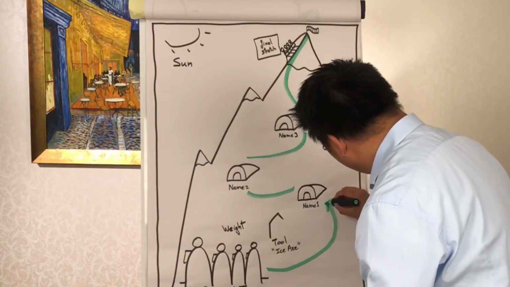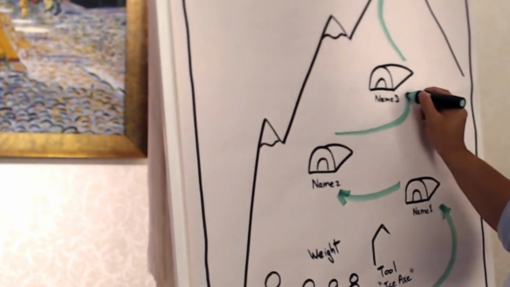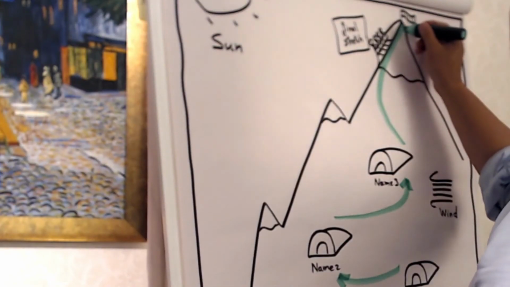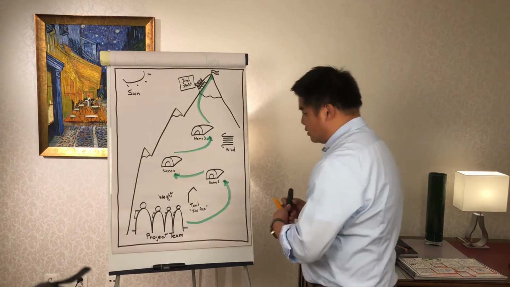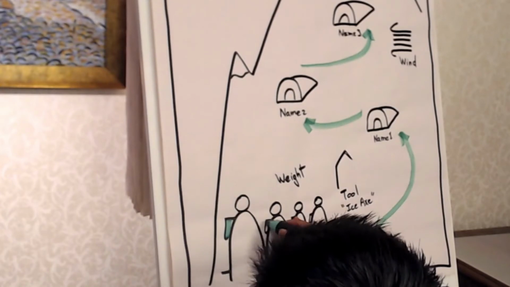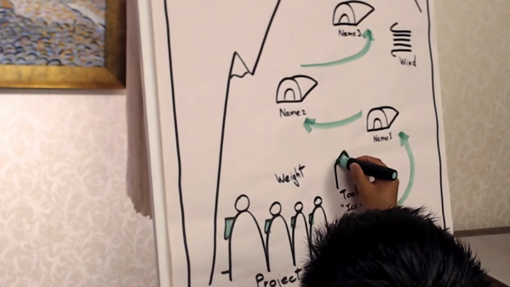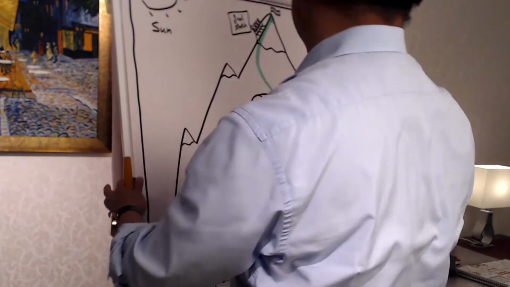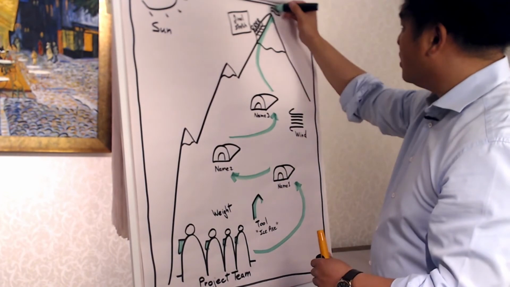Even make them into arrows if you want. And then we can add some details. Let's color the backpacks. Let's color the ice axe. And the flag.